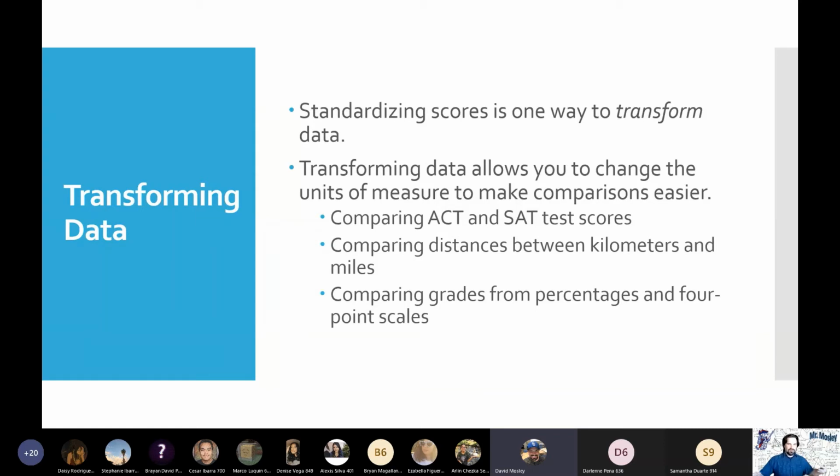But if we again look at our mean and standard deviation and standardize these things, we can compare things that were originally in different units. All right. So we're going to look at an example of what transforming does to our data. What values within our shape, center, and spread does transforming data change, as we're going to look at next.